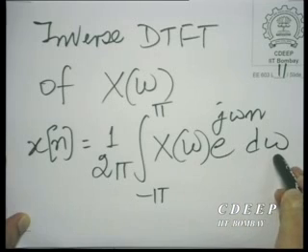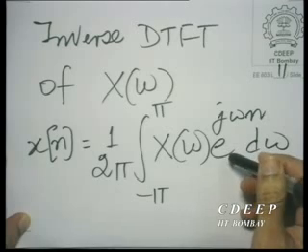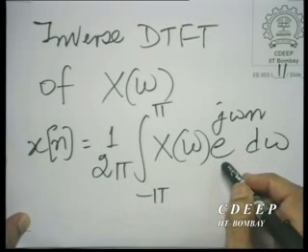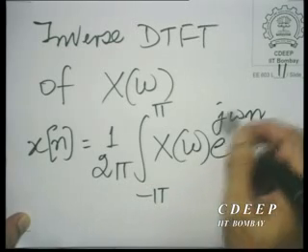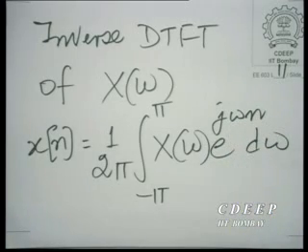Omega is a continuous variable. And the question is, how could we talk of a unit vector in the context of e raised to the power j omega n, since e raised to the power j omega n does not have magnitude 1, or for that matter it cannot be made to have magnitude 1.